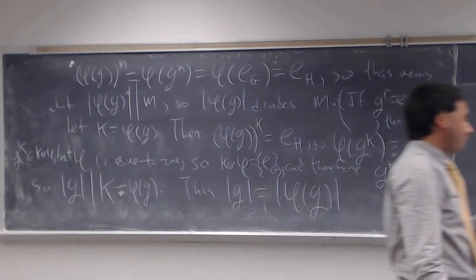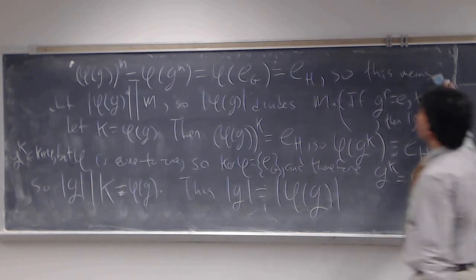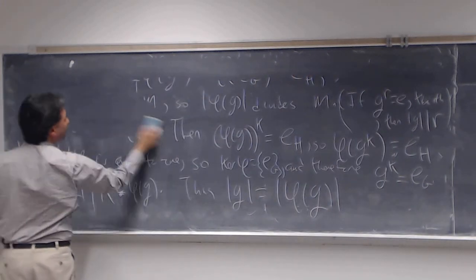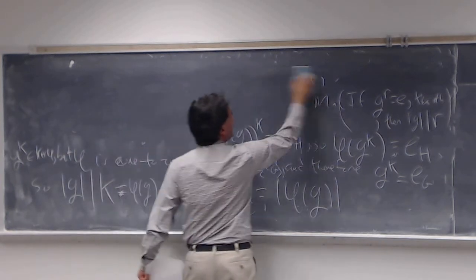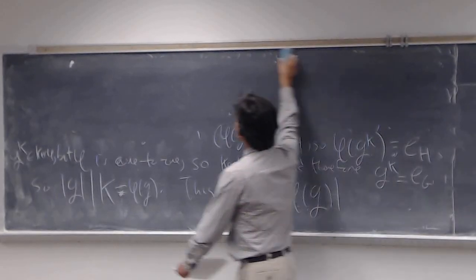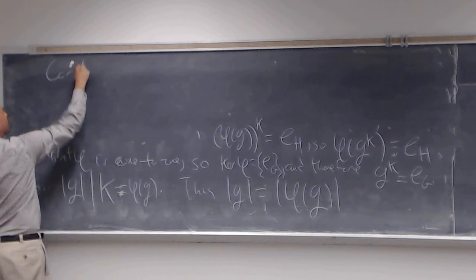Okay, so we're going to close with a couple of examples about the unitary group, the group of units, the multiplicative group of the integers mod n. Just actually pull out a corollary, really, of the proof.